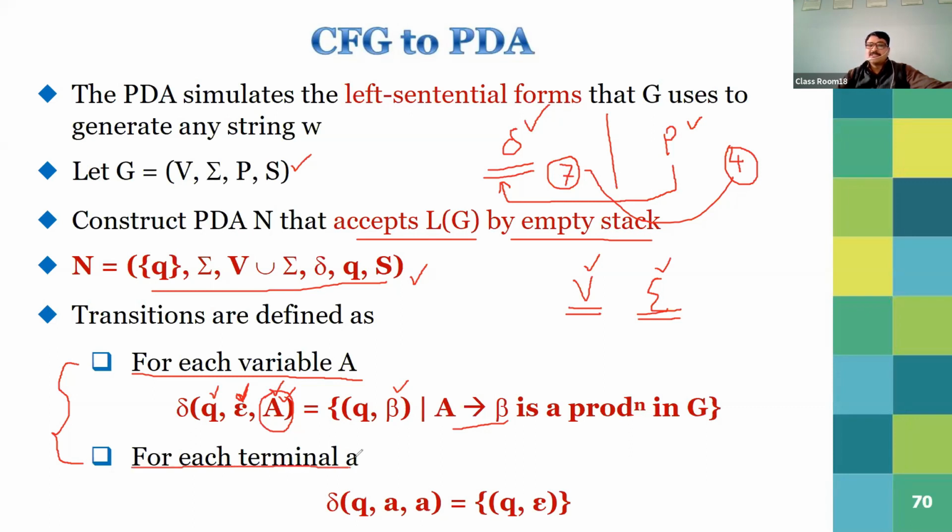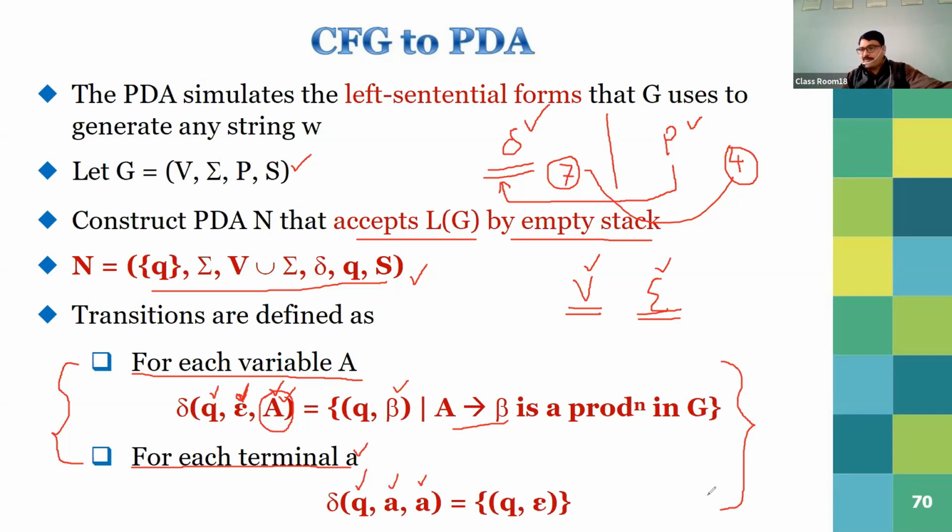Suppose A is only a terminal in the grammar, then you must write Q, that is the state, and the terminal that is read from the input tape. So here you write A, and A is in the stack, then you write Q to null. So simply, these are the rules that you should apply on variables as well as on terminals.